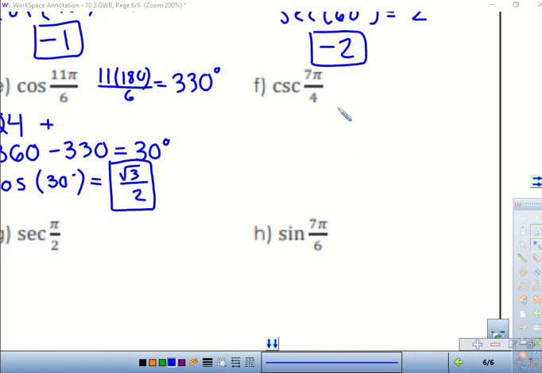So the next one, cosecant of 7 pi over 4, we're going to convert it to degrees. So that's going to be 7 times 180 divided by 4. That's just how to convert it to degrees. So that's going to be 315. What quadrant does 315 fall in? Fourth quadrant. Cosecant is the reciprocal of what trig function?